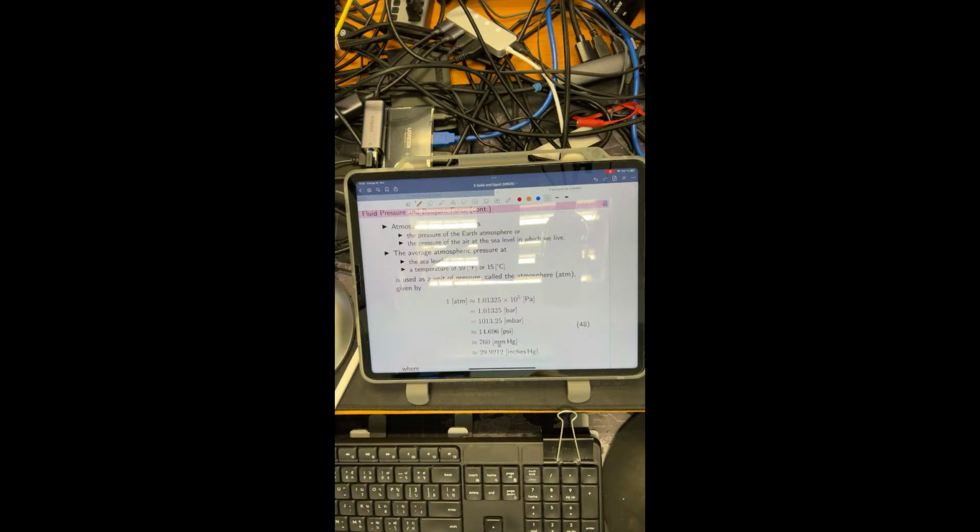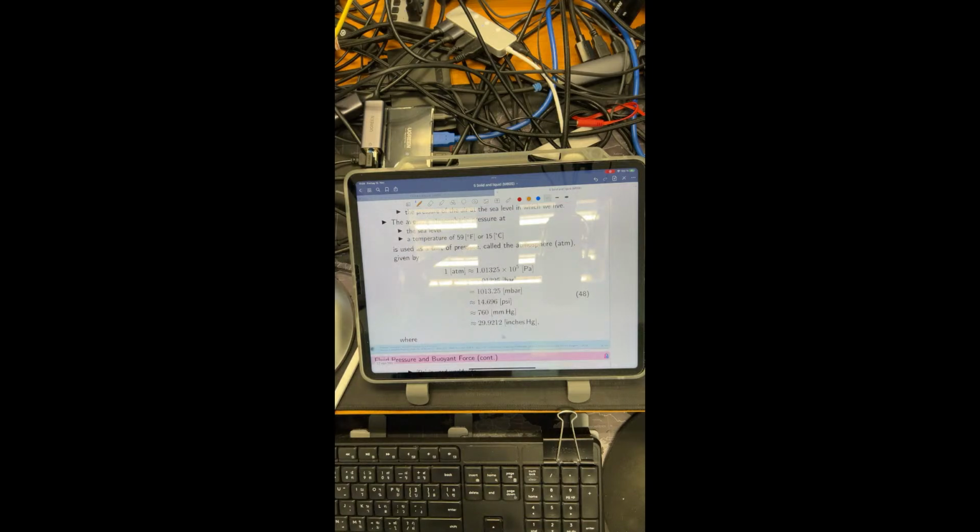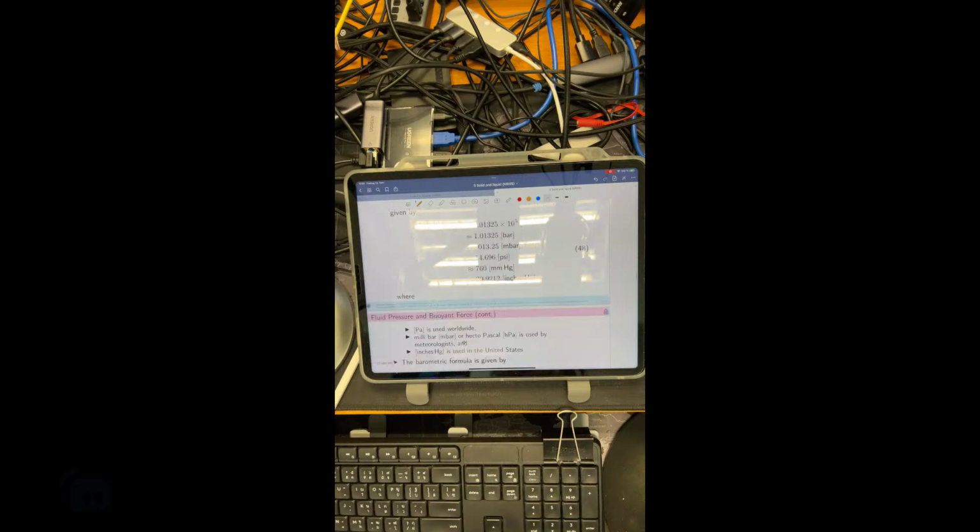But if you work in an English-speaking country, they will not use millimeter. They would rather use inches instead of millimeter. And in terms of inches mercury, we have 1 atmosphere equal to almost 29.9212 inches mercury.